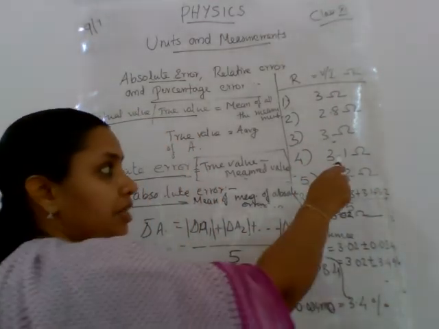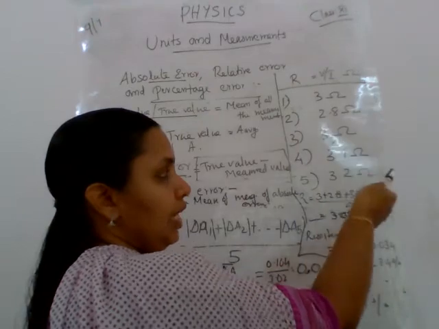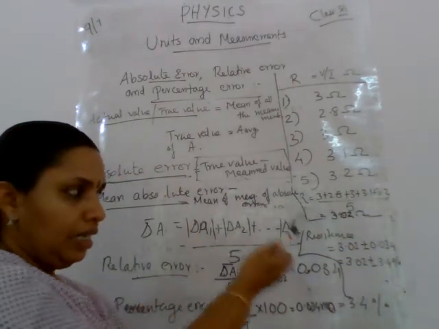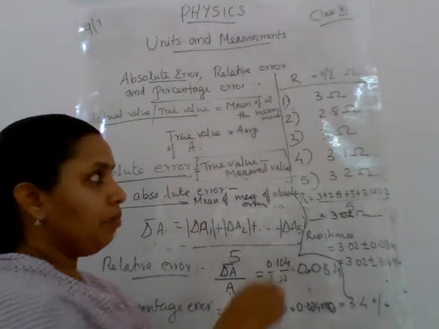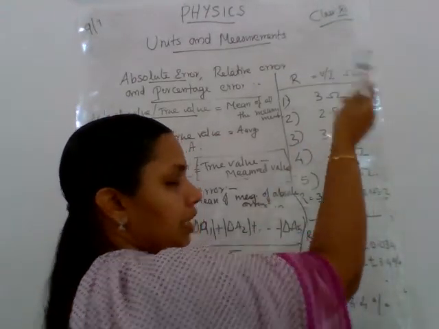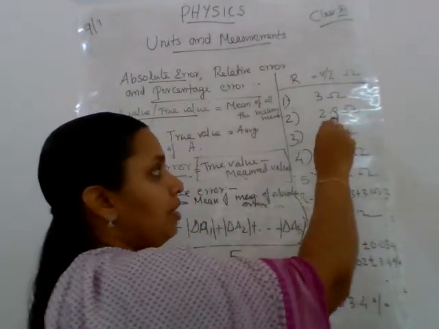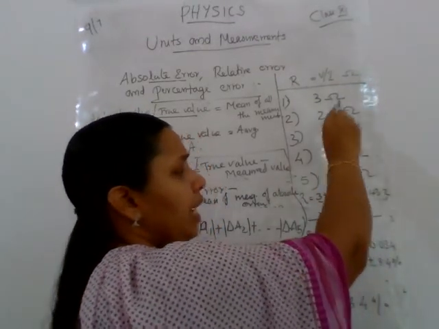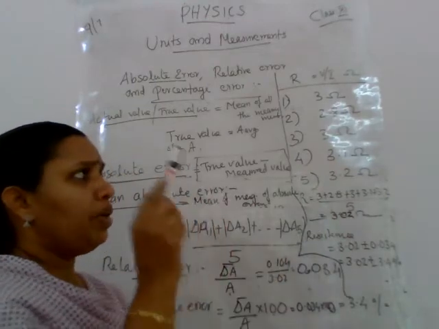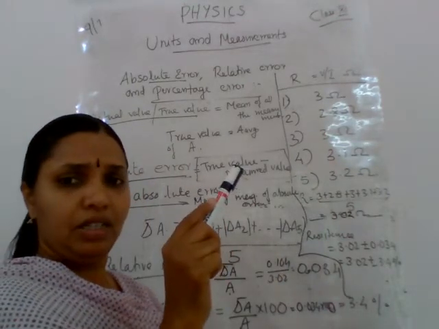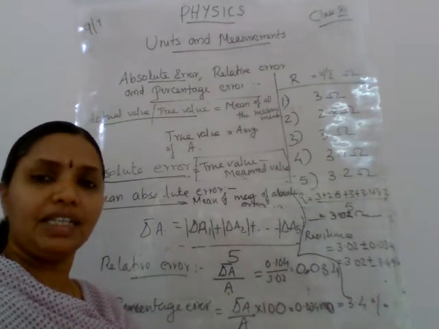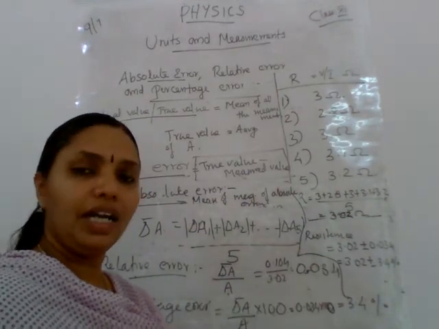If you are going for a second decimal, the least count is smaller and the error will be less. Instead of 2.8, you may get 2.91 or 2.85. If you get like that, we can reduce the error.